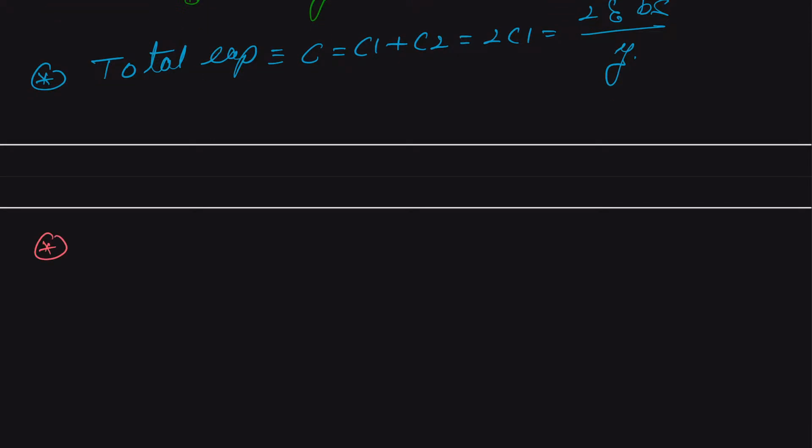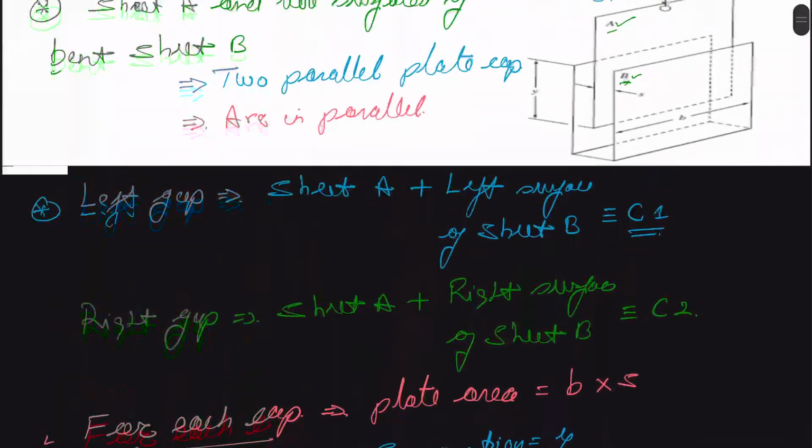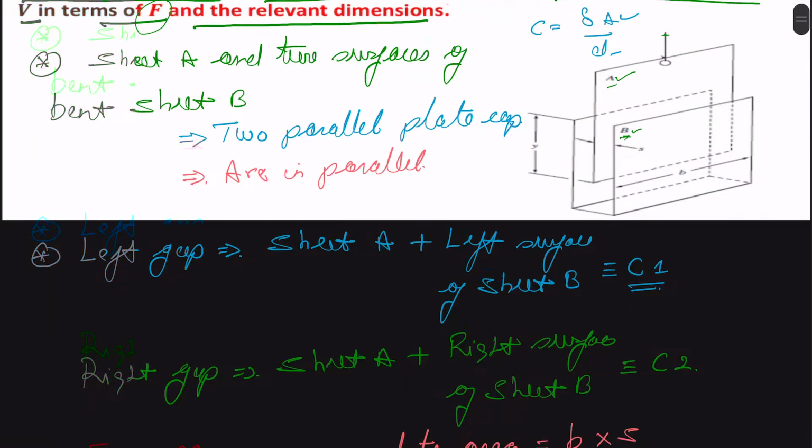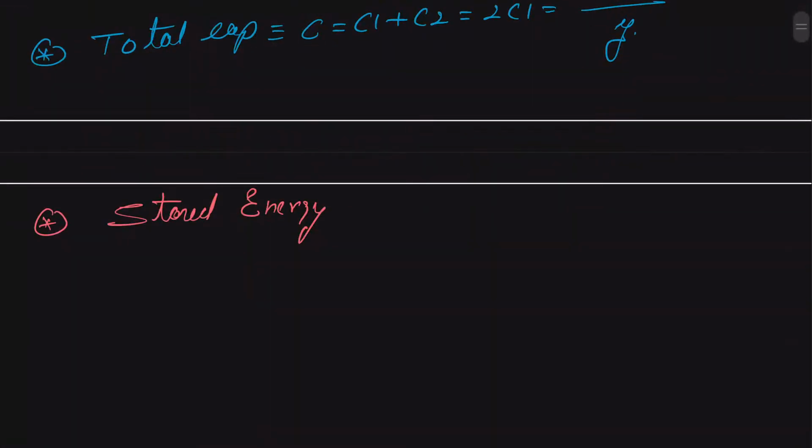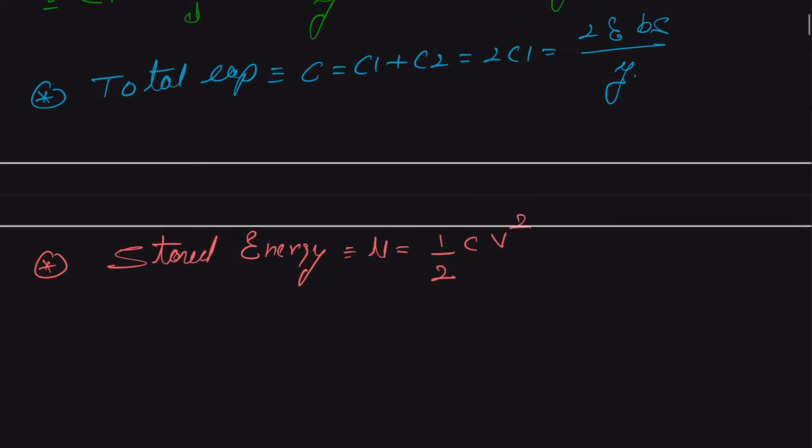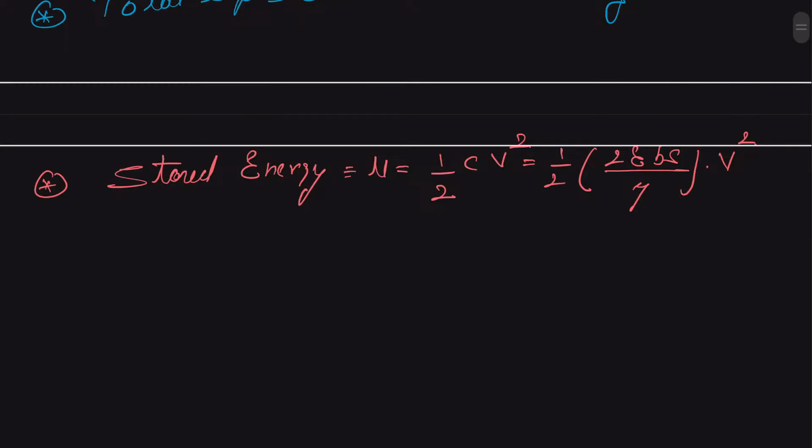So we can say the stored energy, that is our U, is equal to half CV square, and we substitute the value of C. So this comes as 1 by 2 epsilon naught Bs by Y multiplied by V square, and this 2 and 2 cancels out.